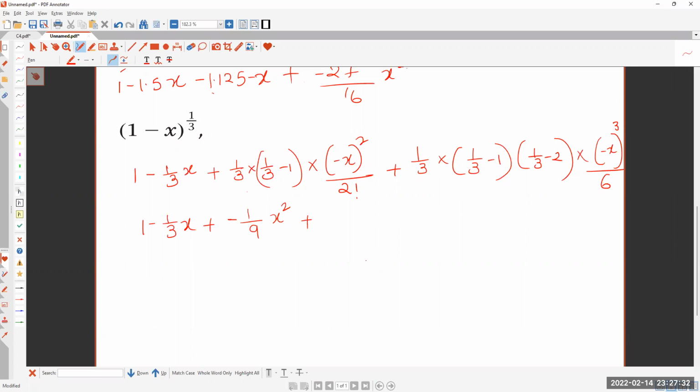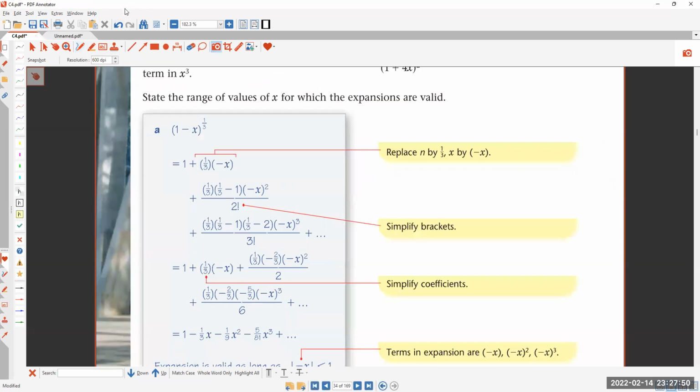How much is it? 5 divided by 81, but there is a negative sign here. It's going to be negative 5 divided by 81 x cube, because the sign is negative. Let me check. Minus 5 divided by 81 x cube is the answer. Okay, so a part is done.